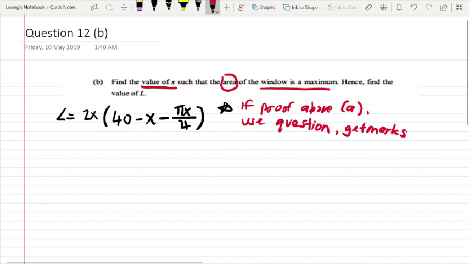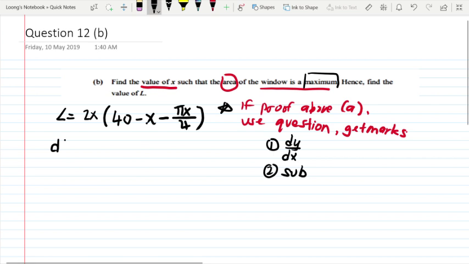So now we'll continue, and we say find the maximum. The first thing, as always, is to differentiate, and later substitute the value inside.